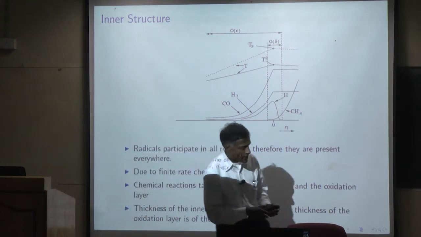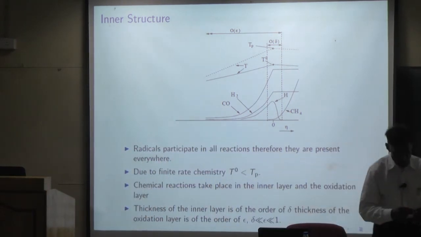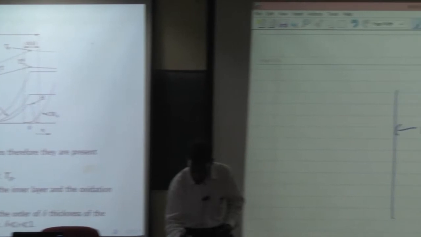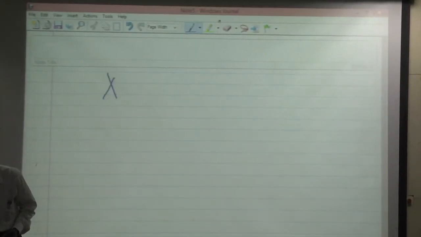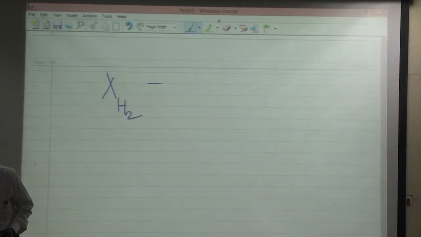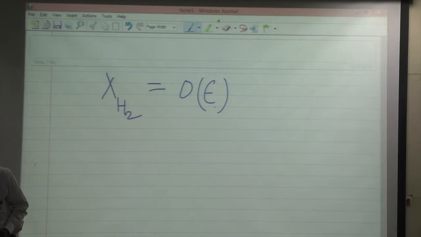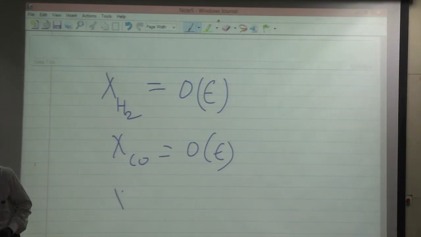So therefore, it will turn out that X of H2 will be of order epsilon because it is consumed in the epsilon layer. X of CO will be of order epsilon, okay, and X of O2 will also be of the order. Well, X of O2 because here we have assumed that X of O2 is of order 1. Okay, so these are the two.